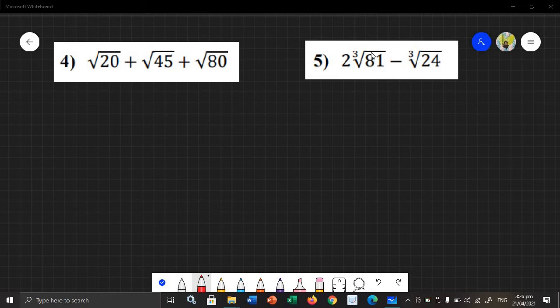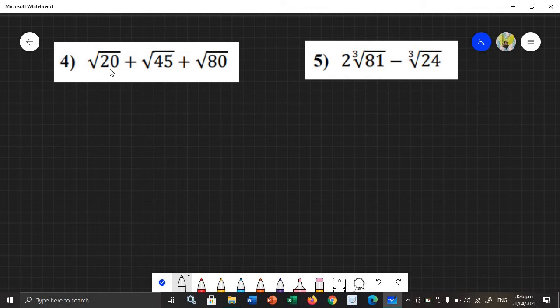So, what will happen is that here, sa example number 4, we will be simplifying each radical here. So, si square root of 20, ifa-factor out natin siya. Okay? So, hanap tayo ng factor ni 20 na perfect square. And that will be 4. Diba? 4 times 5 is 20.